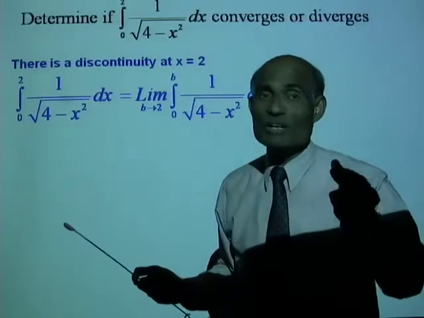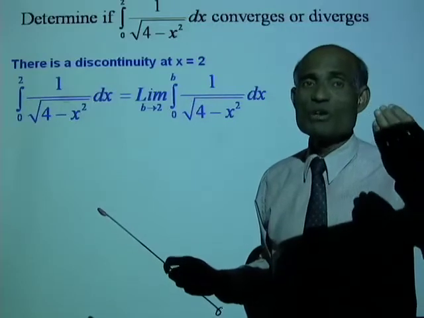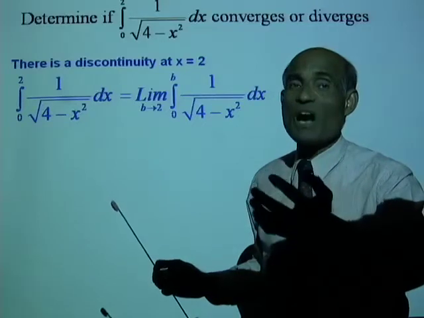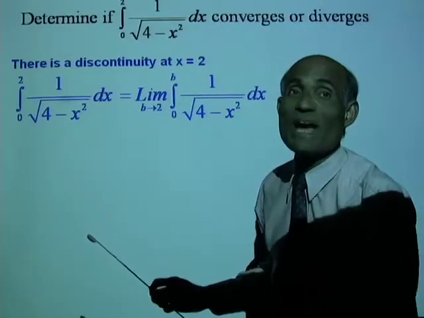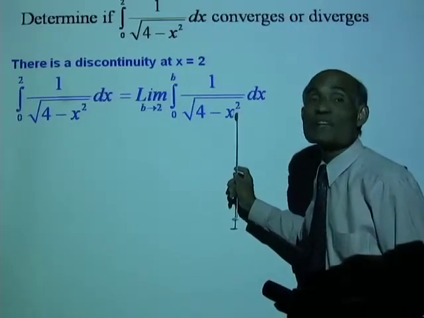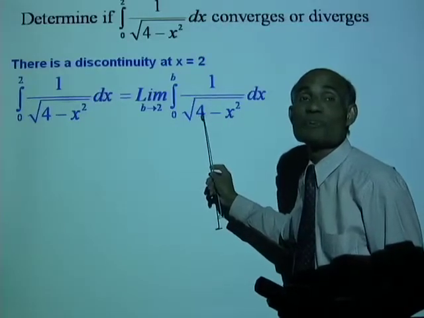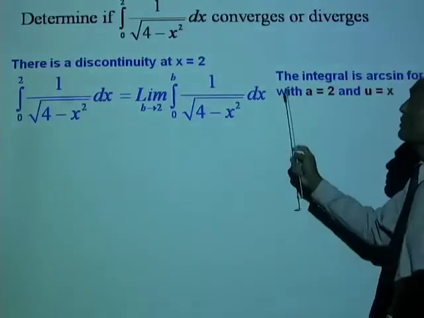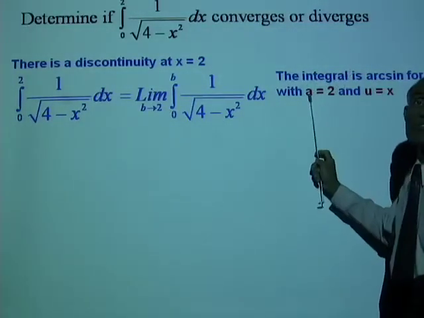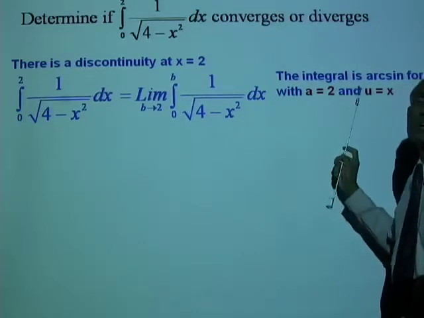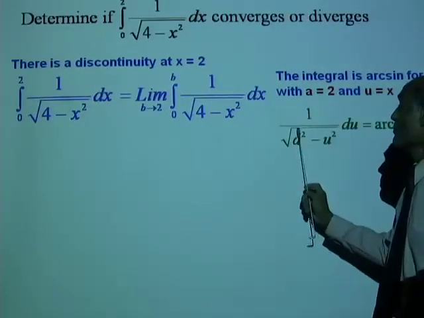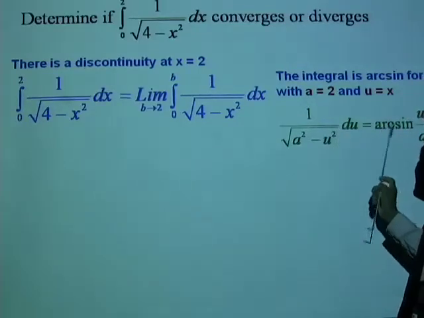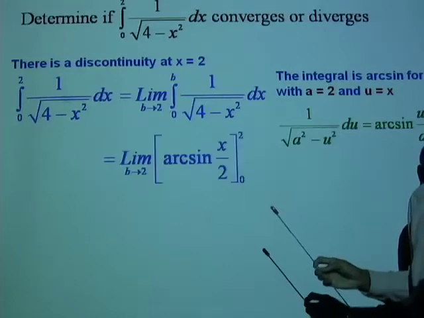Quickly, what's that integral? It is arc sine of u over a, where u is x and a equals 2. So this integral is the arc sine form with a equal to 2 and u equal to x.